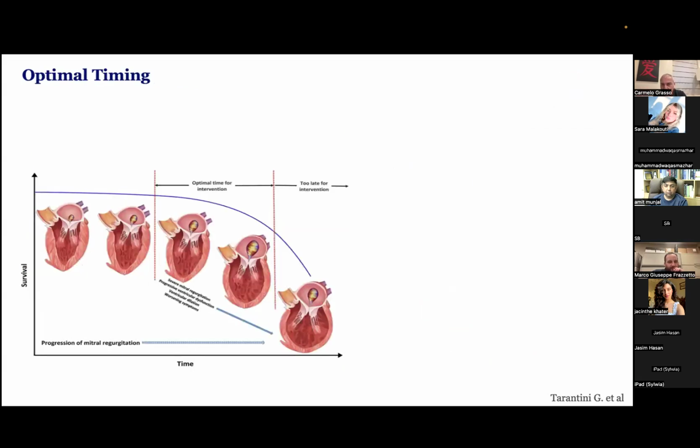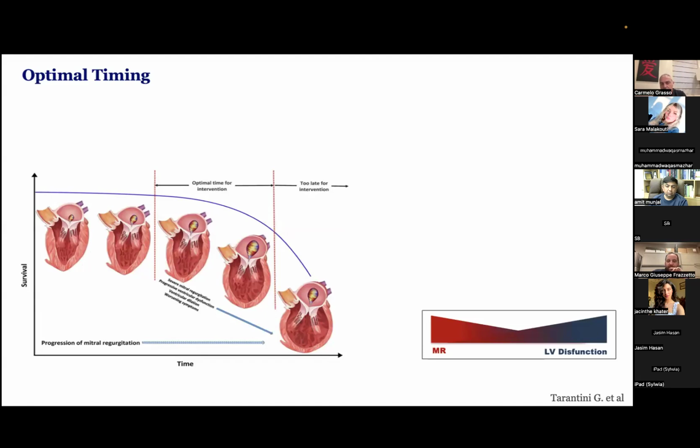Even the experience of the centers and the results of the procedure were different, but we will not go deep into this study. So what we understood from these two trials is that the important thing in treating mitral regurgitation patients is the timing. COAPT patients were treated earlier, before the remodeling of the ventricle was too severe and the ventricle too dilated, compared with MITRA-FR.